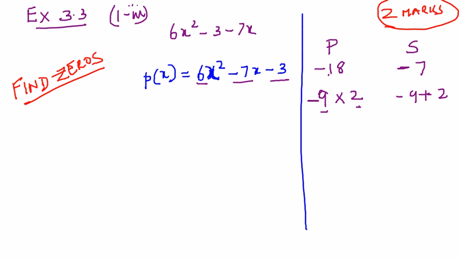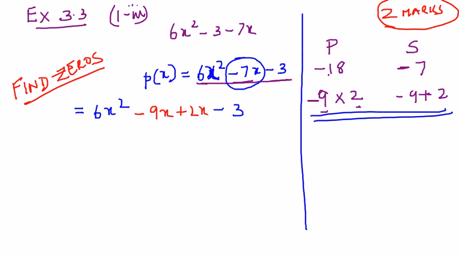So let's write this equation using what we have found here. Now we have written this equation such that the term minus 7x we have split as minus 9x plus 2x. This is a very simple method and the safest method to find the values of x using the factorization method.